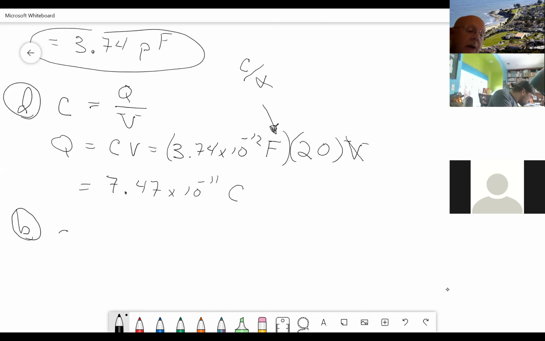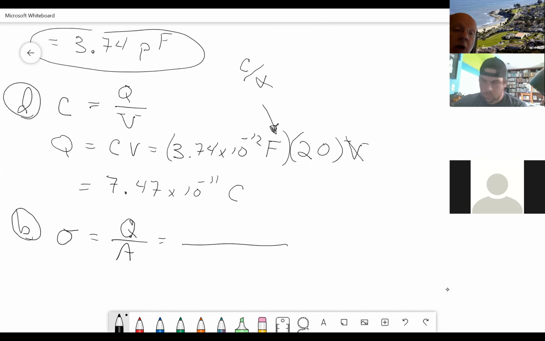B would be sigma, the charge density, and that's just the amount of charge Q over the area. Now again, like we did in the first step, which we did in C, watch your units here. We have the charge, 7.47 times 10 to the negative 11 coulombs.